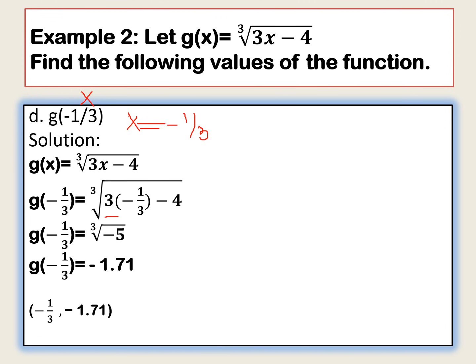Ito, 3 multiplied by negative 1/3, it would be equal to what? This becomes negative, right? Kasi positive si 3, tapos negative itong sa loob. So, negative 3 over 3, tama? Or, what would be the final answer here? It would be negative 1.